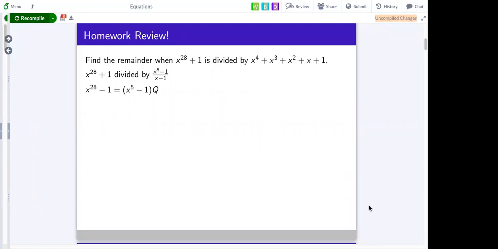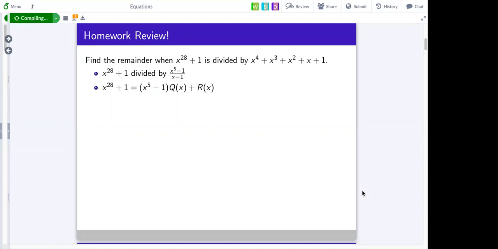Well, one thing we can do is write x to the 28th plus 1 as x to the 28th minus x to the 23rd plus x to the 23rd plus 1.